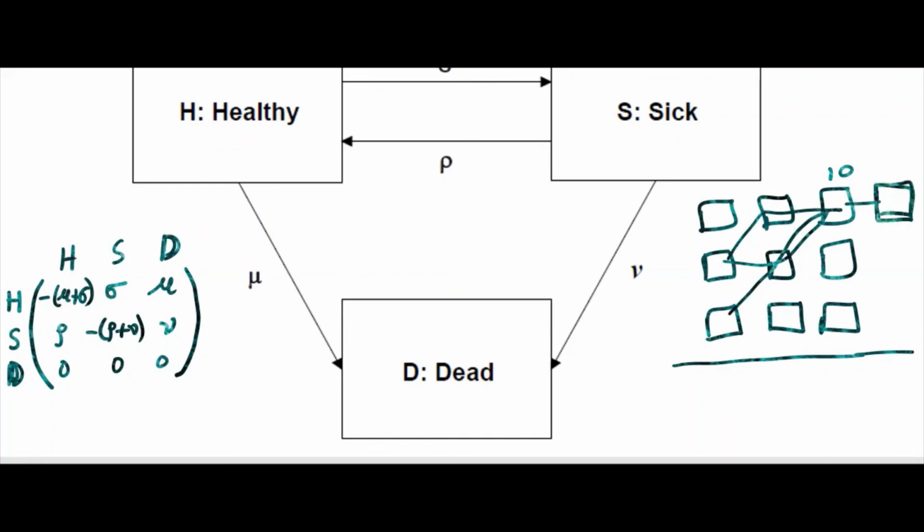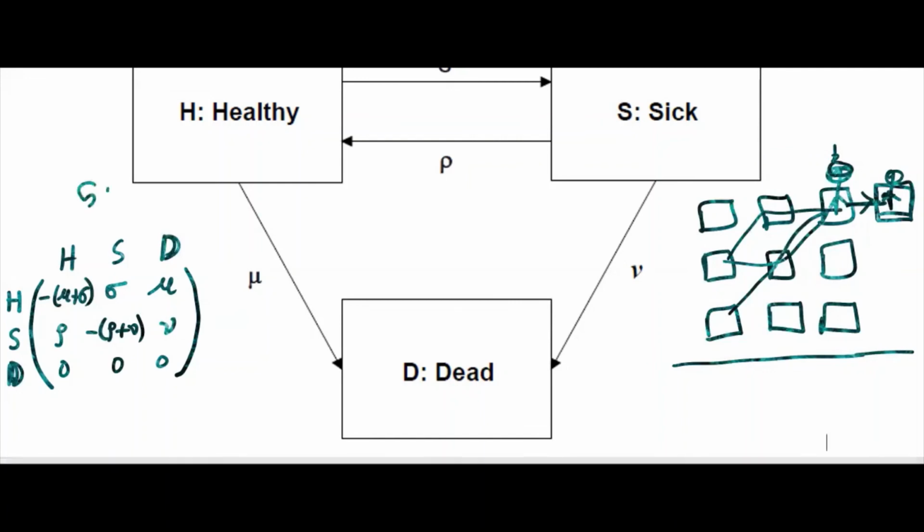If someone is here, there is a 100% probability that one will be dead, so the rate of change is 0. It's 1 in terms of probability, but the rate of change is 0. Okay, that's what it says.